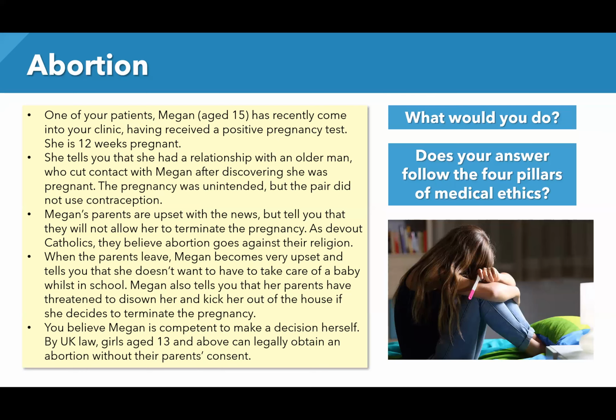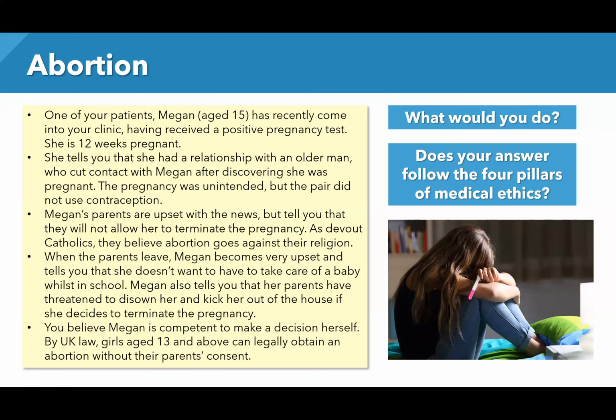From the points of view of beneficence and non-maleficence, again, with abortion, there's always the argument that terminating a pregnancy will potentially end life, and there are opposing views on this, but that's one argument that could be made in terms of damaging a life, a potential life that could be born. But then again, it could also damage Megan's life. We know that she's very upset about it.